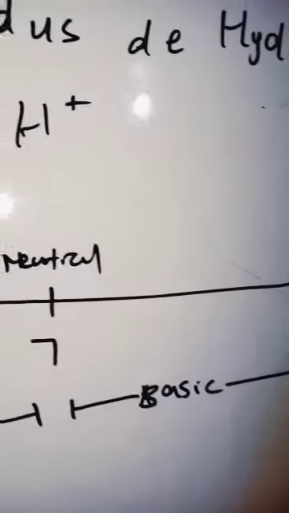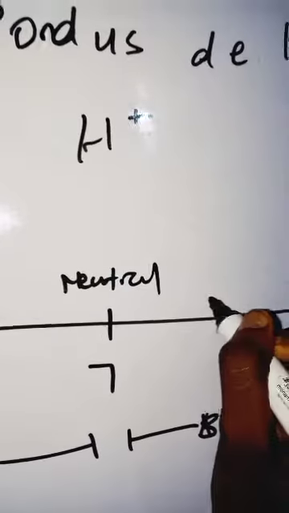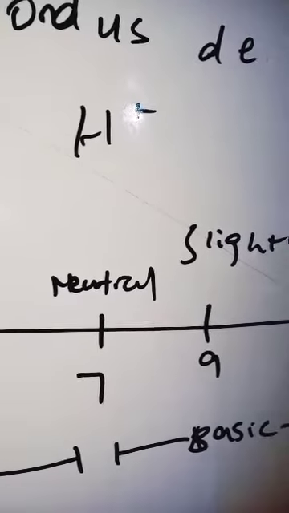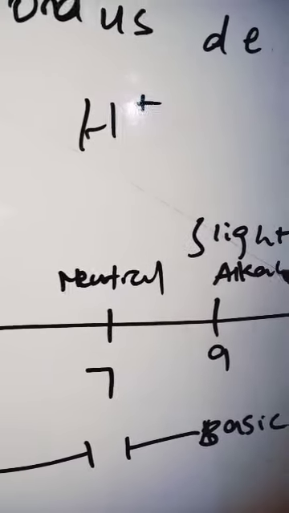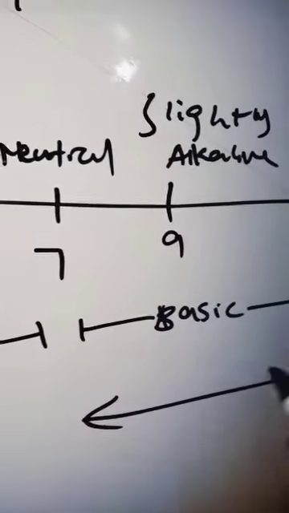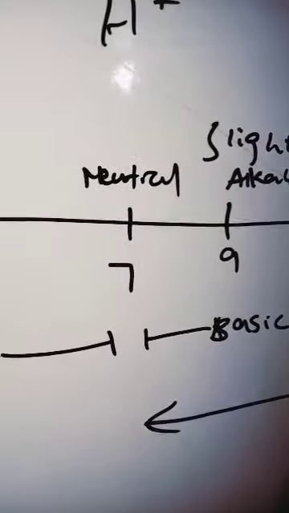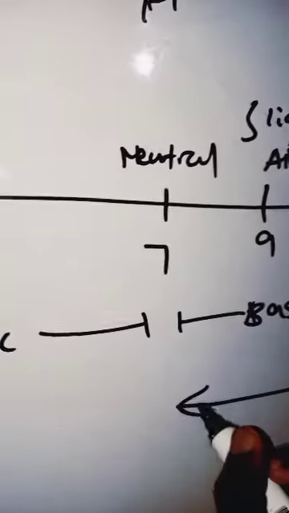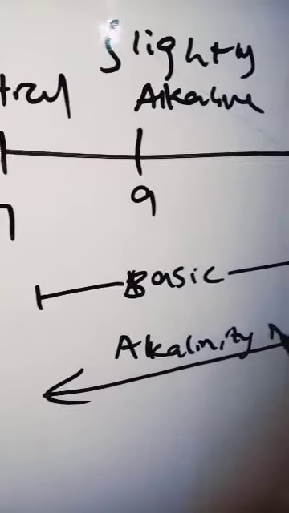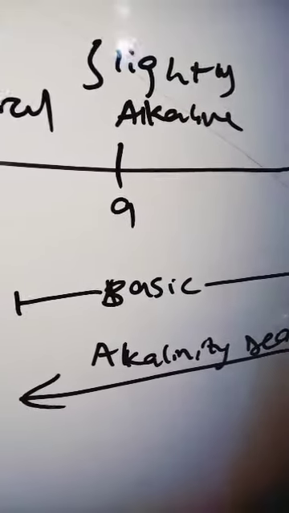So a pH of 14 is more basic than a pH of maybe 9. So this place is just slightly alkaline. Your alkalinity decreases as it is coming from this point to this point. Alkalinity is doing what? It is decreasing. Do you get it?